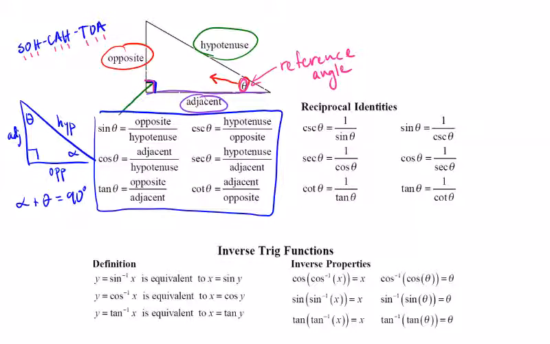So no matter how big the triangle is, this ratio is always going to be the same. That's true with cosine and tangent as well. So that's how trigonometry works.